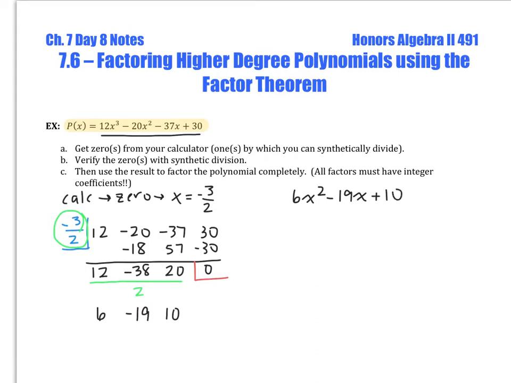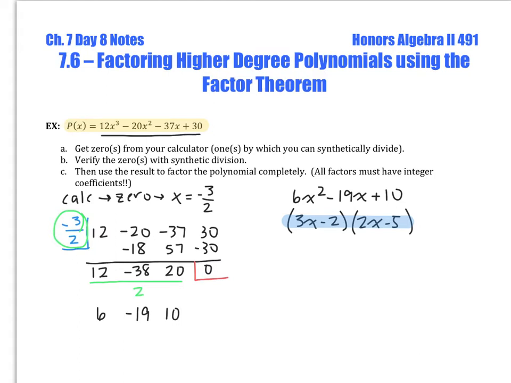Okay, so we can factor this. I'm going to jump straight to what those factors are, and then we'll talk about all of the factors of this polynomial. So this factors as 3x minus 2 and 2x minus 5. Okay, so we have that from the 6x squared minus 19x plus 10.